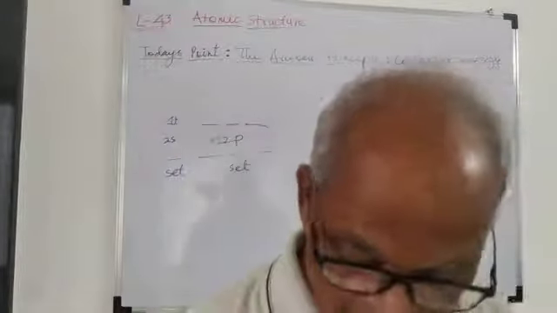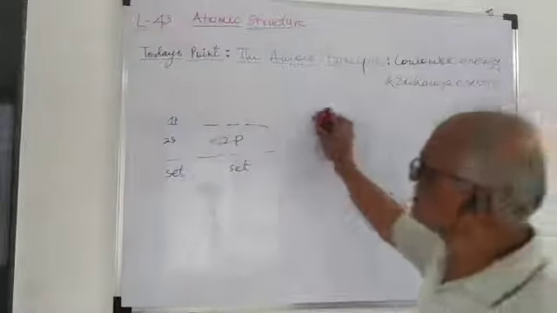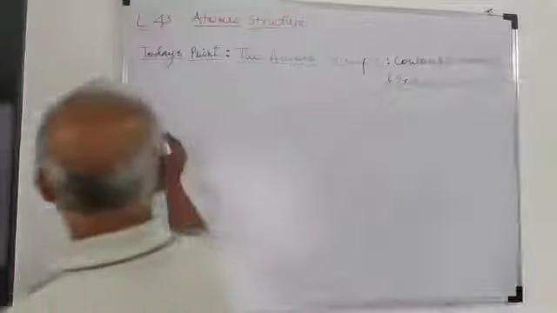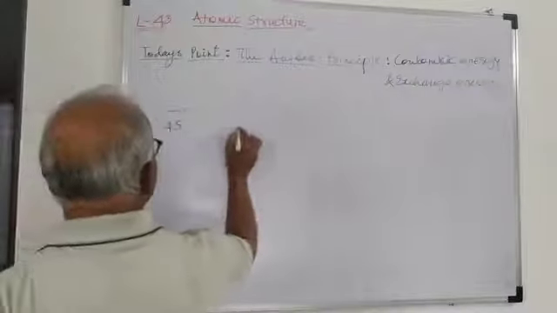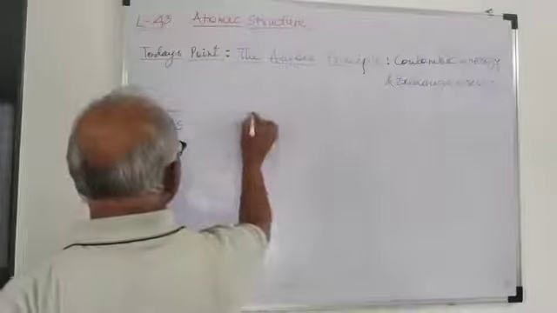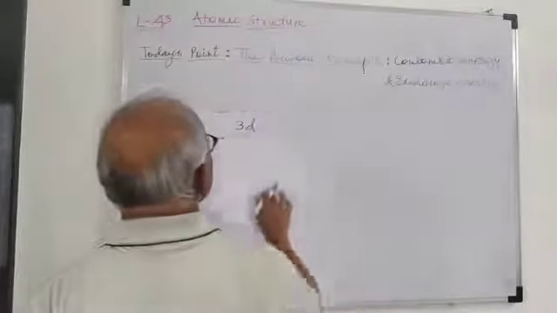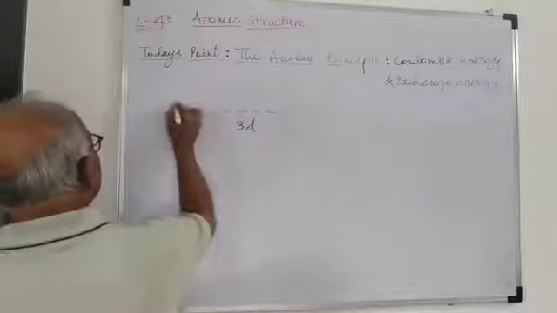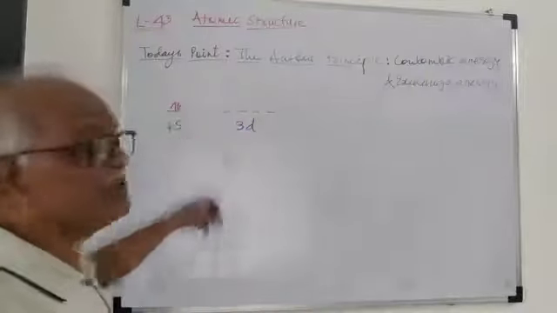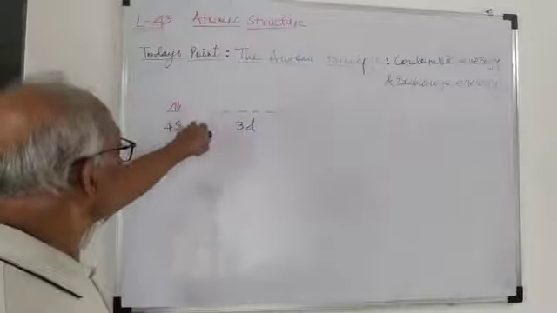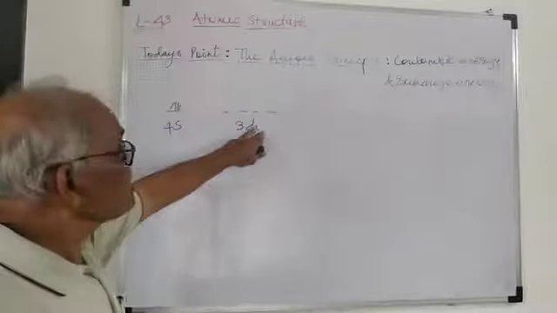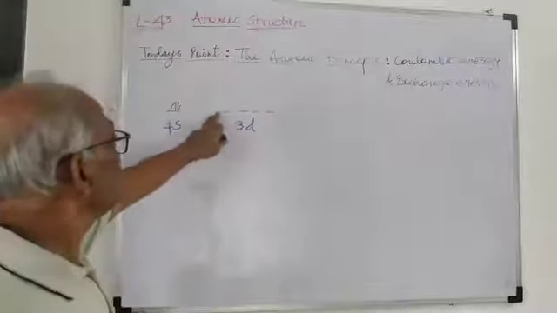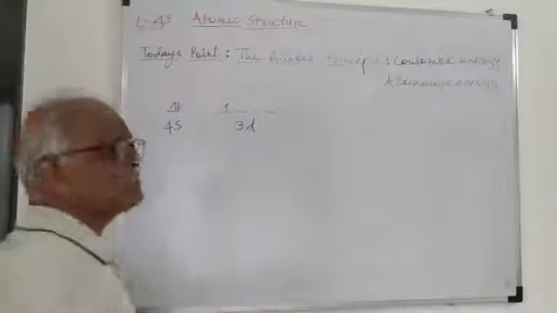Maybe this is the general case, but there are some exceptions. Like if we consider the 4s orbital and the 3d orbitals, then we find that we have these 2 electrons in 4s. So this 4s is filled first, then if we are having any more extra electron, it can enter into this 3d.